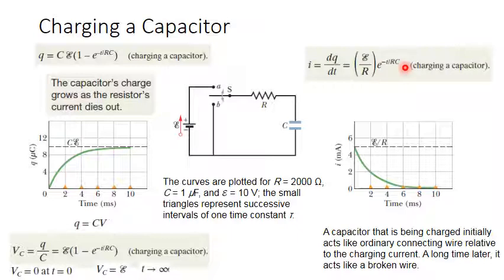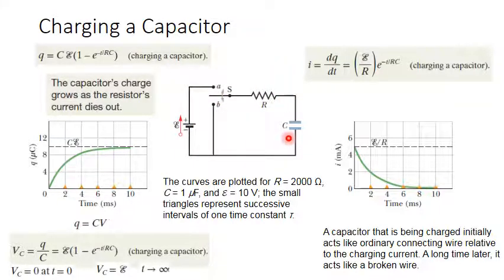It means that the current at time equals 0, if we take t equals 0 as the starting point, this exponential term would be e to the power 0. Anything to the power 0 is 1. So at the starting point, the current would be the potential difference E over the resistance. Actually, this is equivalent to connecting the potential difference to the resistance through a direct short circuit.